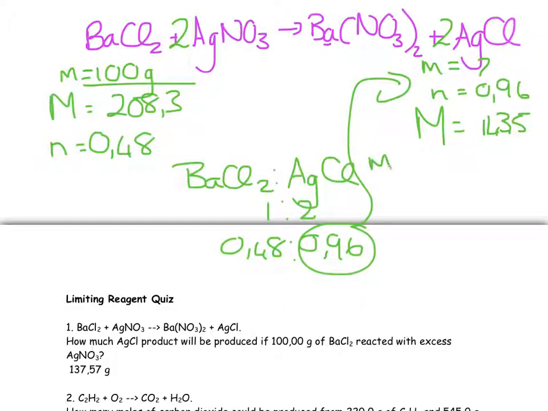Now if I want mass, mass is equal to number of moles times molar mass, so it's 0,96 times 143,5, and I land up with 137,76 grams. Sometimes in the decimals things go a little bit awry because periodic tables have got more or less decimal places for various molar masses.